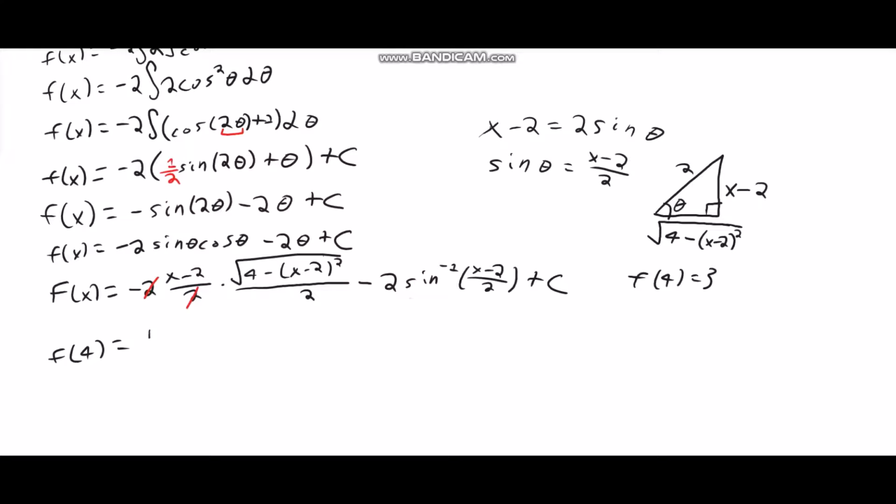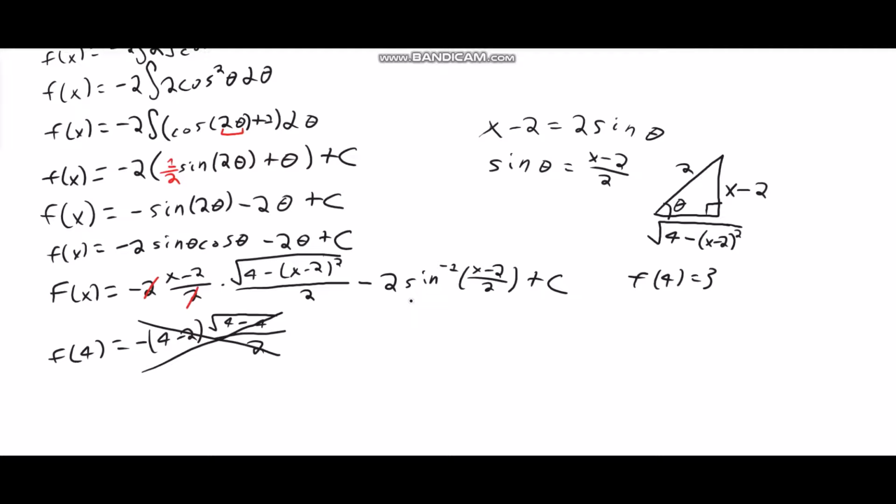So we're going to have 4 minus 2 times the square root. Oh, by the way, this is negative right here. Square root of 4 minus, all right, well, put 4 in here. 4 minus 2 is 2. You square that, you get 4. It's over 2. And the nice thing about this is it's just 0, so it knocks out this whole term.